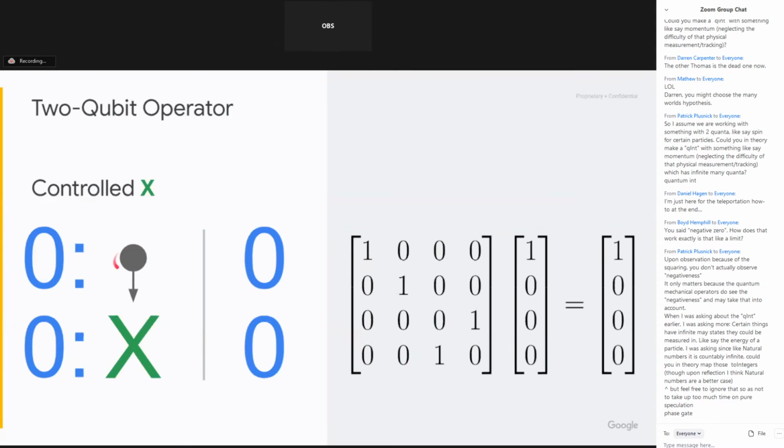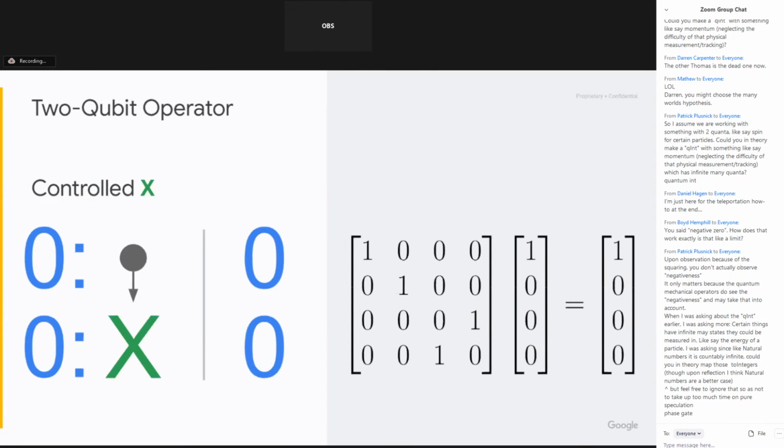What this is saying is if the top qubit is a 1, then apply the X, else do nothing. And over on the right, I'm showing this in matrix format, just so, like Neo seeing the matrix, we understand what's underlying all of this. There's no magic going on, it's just basic linear algebra.